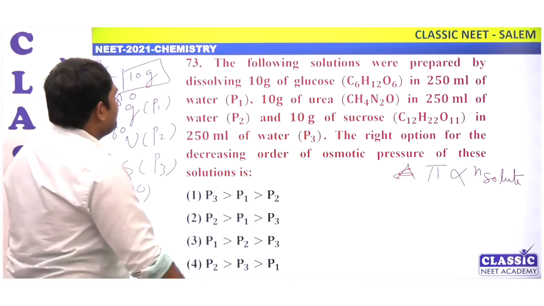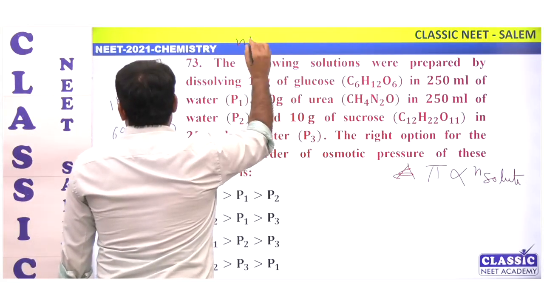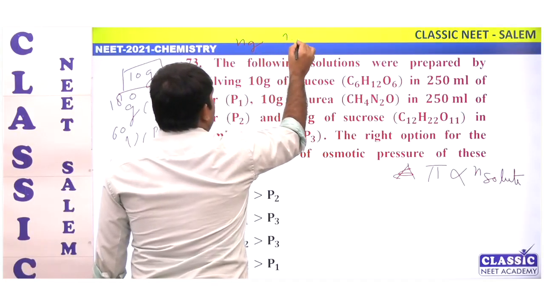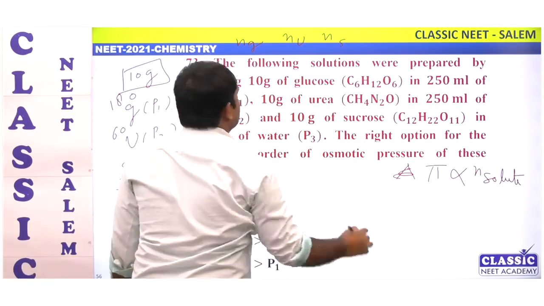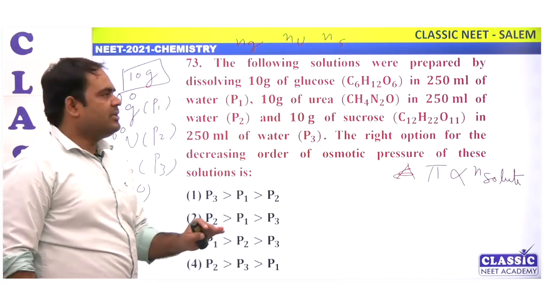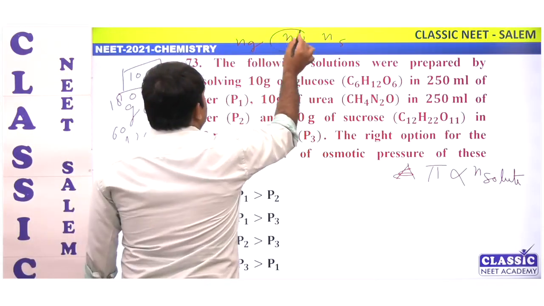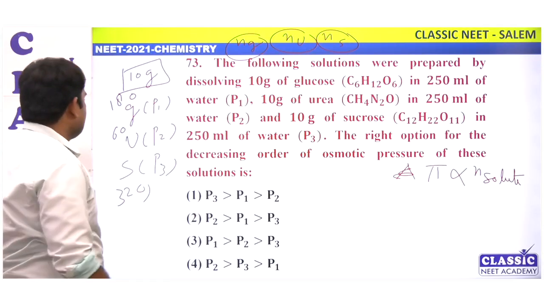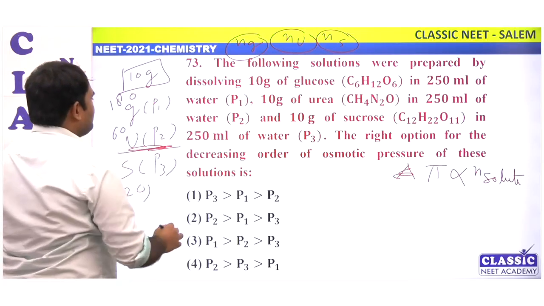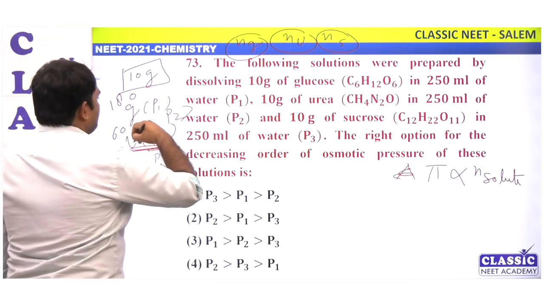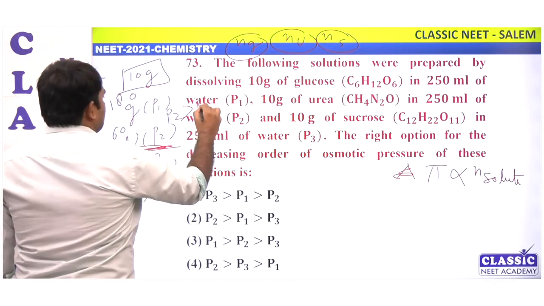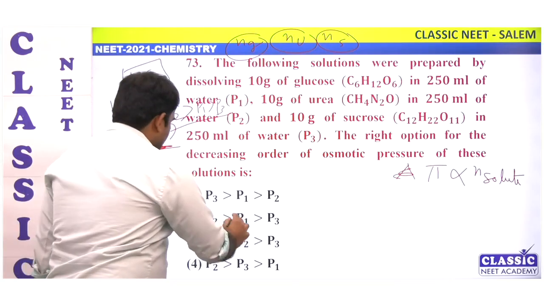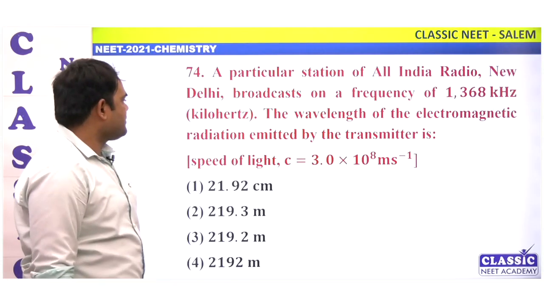So what about the number of moles of glucose, urea and sucrose? Which number of moles is the highest? Urea will be the highest, then glucose, then sucrose. So what about the order? Urea has the highest number of moles, so its osmotic pressure will be the highest, then P1, then P3. So the order is P2, P1, P3. The second one is the correct answer.